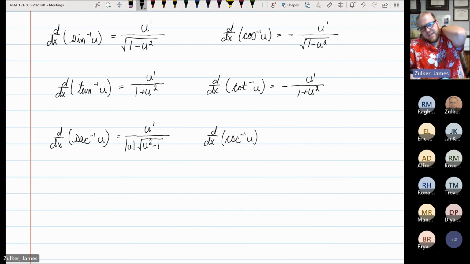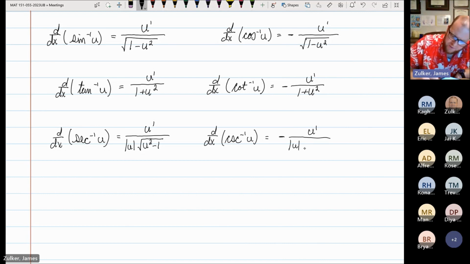And then the derivative of the inverse cosecant. Negative u prime over the absolute value of u times the square root of u squared minus 1.